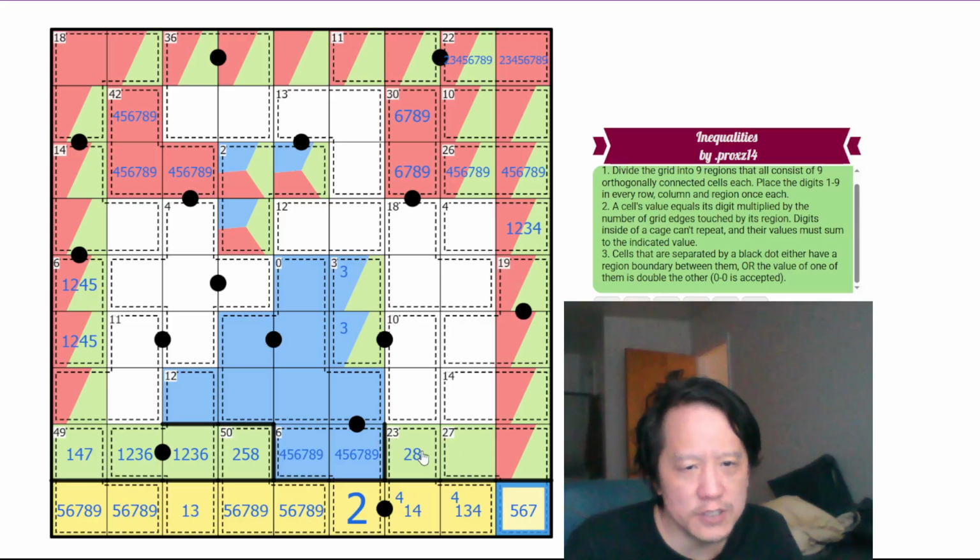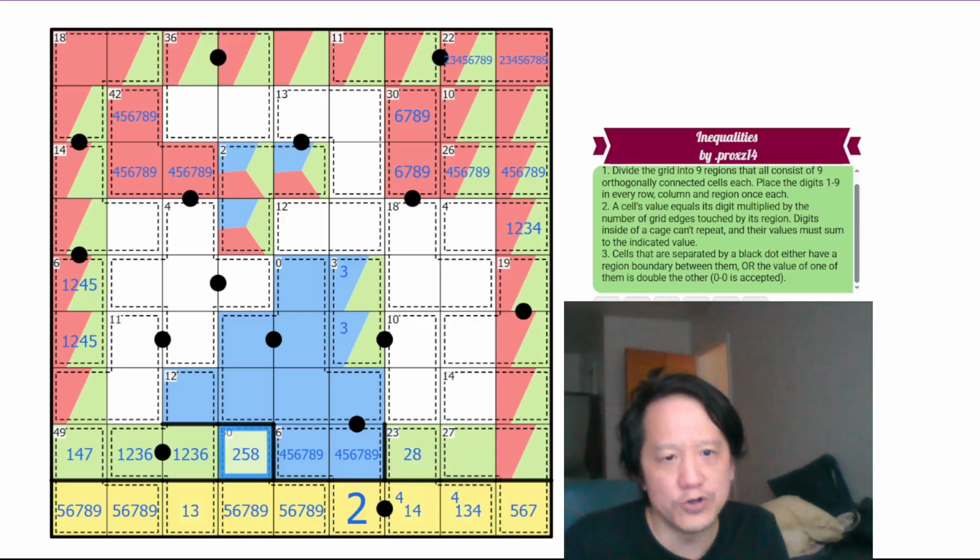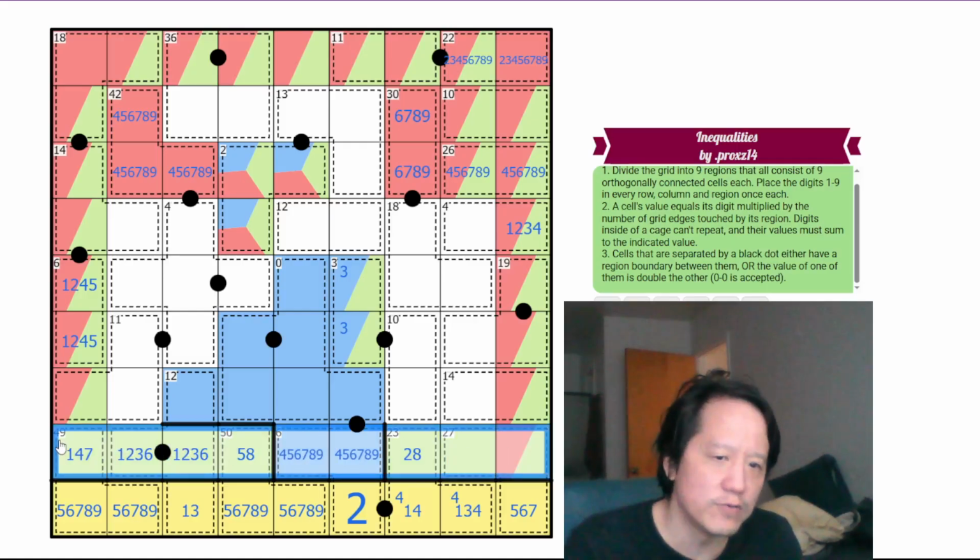We are guaranteed... If this is 3, this is 1, 2. If this is 1, this becomes 3, 4, and then that's 2. So there are no more 2s possible in row 8.